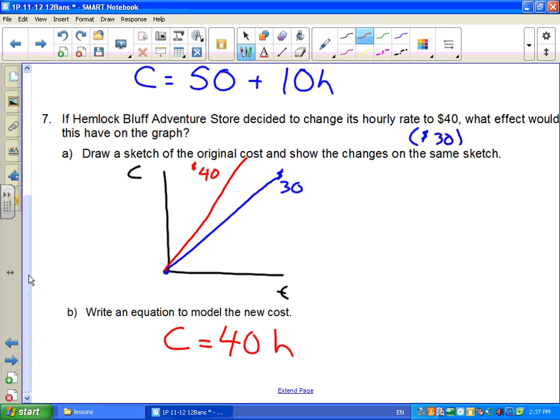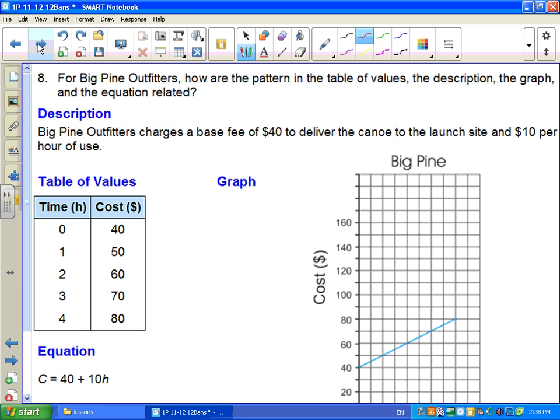Okay. And now we're on to the last two questions here. This is where we put it all together. For Big Pine Outfitters, how are the pattern in the table of values, the description, the graph, and the equation related? So let's look at the description first. Big Pine Outfitters charges a base fee of $40.